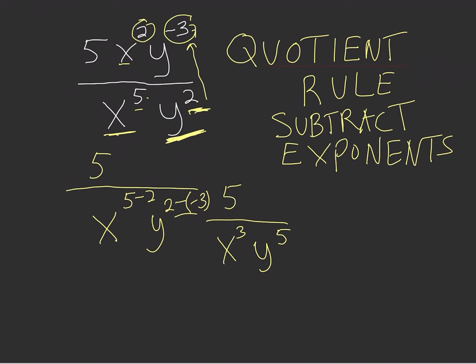So again, let's say this wasn't y to the negative. Let's say I had y to the fifth. For the x's, I took the 5 in the bottom, subtracted the 2, and left my answer down here, because that's the direction I subtracted. I don't have to do the same thing for this y.